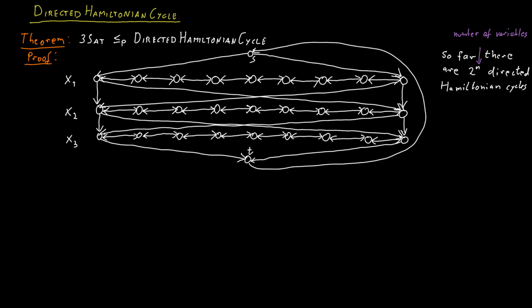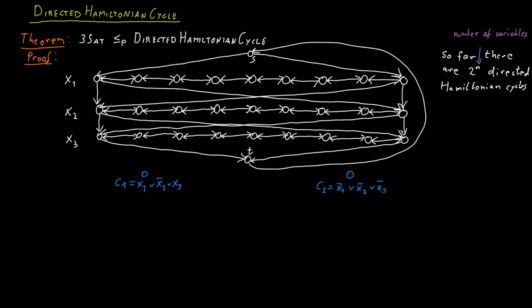What's now left to do is to also model the clauses of our CNF formula in this graph in some way, and this should be done in such a way that we still have a directed Hamiltonian cycle in the end if and only if all of these clauses are satisfiable simultaneously. We further extend the graph by including one additional vertex for each clause in the formula.